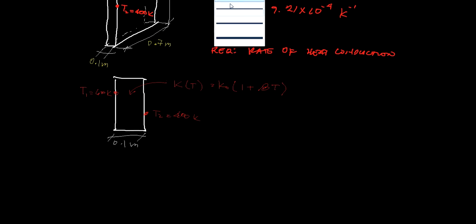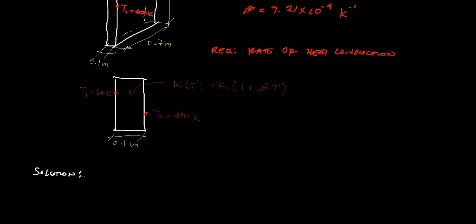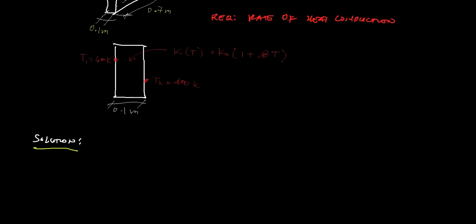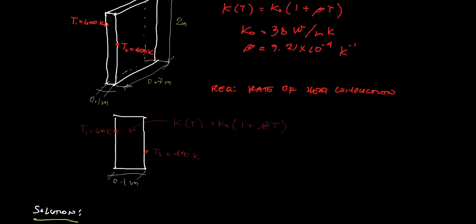For the solution, since we are required to determine the rate of heat conduction, let us use the equation Q is equal to K A delta T over delta X, right?